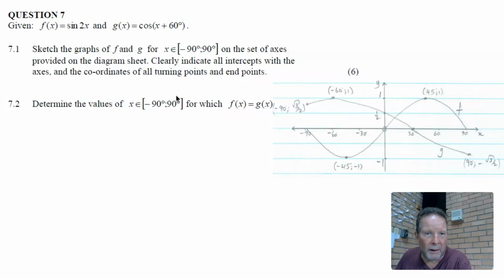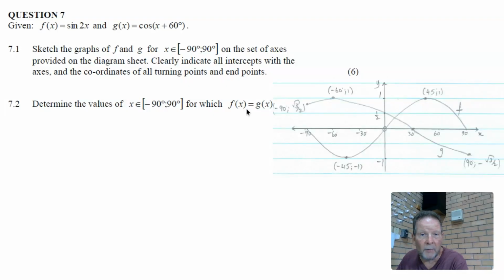It doesn't say without a calculator, so you could actually just put in 90 and minus 90, get the values, and label those endpoints. And that's a turning point. Minus 60 and 1 has got to be there. If you understand the cosine and sine graph, you don't need a calculator because you can just sketch it from understanding it.